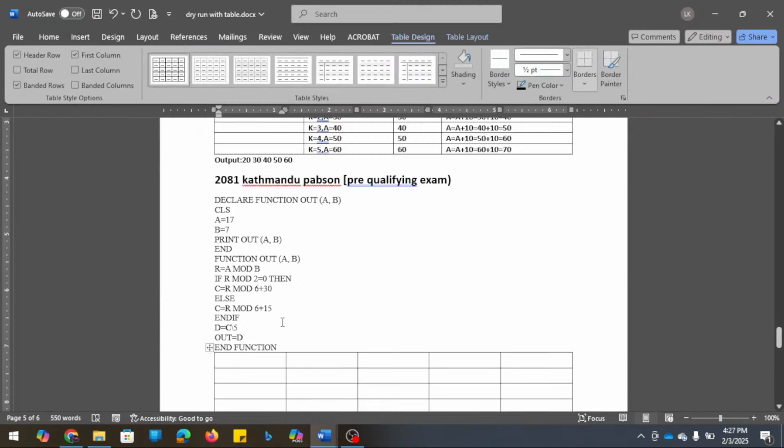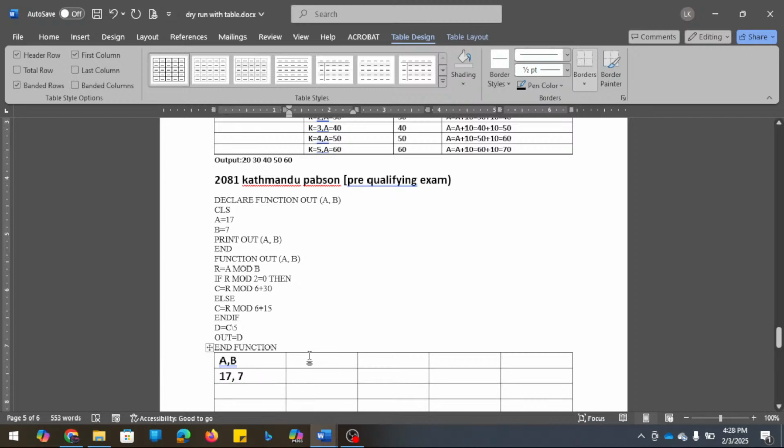Obviously, there are two parameters being passed here, A and B. So A is here first, 17. B is here, 7.